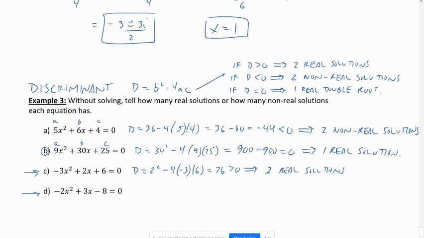And for part D, the discriminant is 3 squared minus 4 times negative 2 times negative 8. So our discriminant is negative 55, which is negative, so that tells us there are 2 non-real solutions.